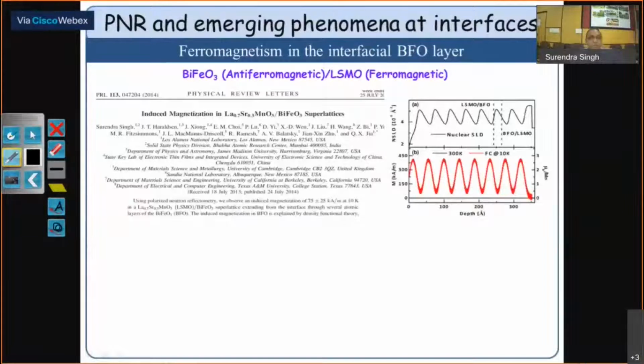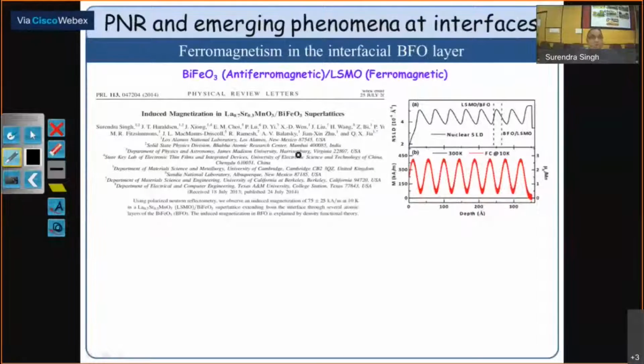Then there is another system, BFO LSMO. BFO is antiferromagnetic, LSMO you know is ferromagnetic, and BFO is multiferroic in the sense that it is antiferromagnetic as well as ferroelectric. I will show all the PNR data for this system, which we have studied.